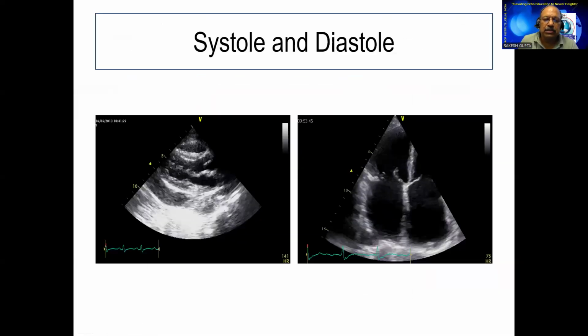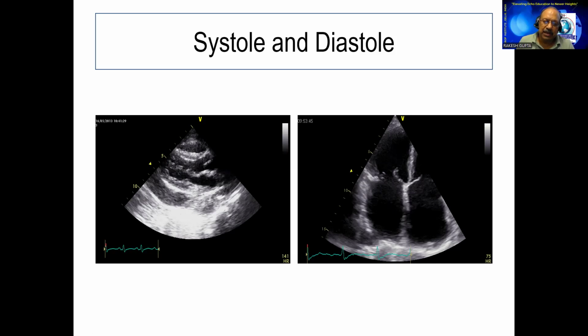Now, the most important thing in pericardium is when we talk about diastole and systole. What do you mean by systole when I'm talking of pericardium? My systole is from the beginning of the QRS complex to the end of the T wave. It means the cardiac systole is ventricular systole, and when I'm talking of diastole, I'm talking of ventricular diastole.